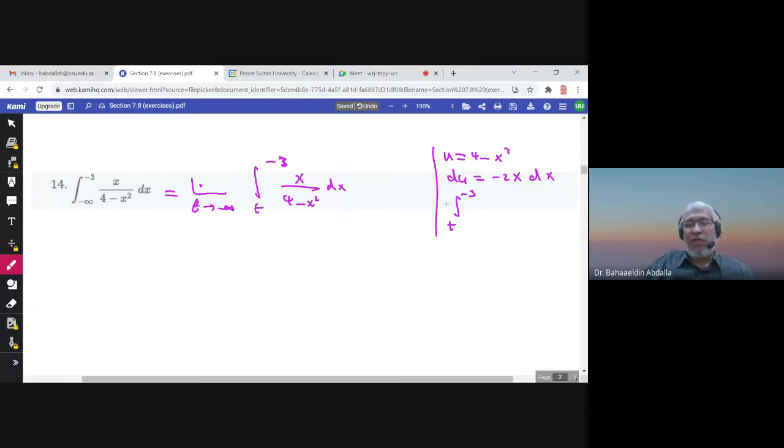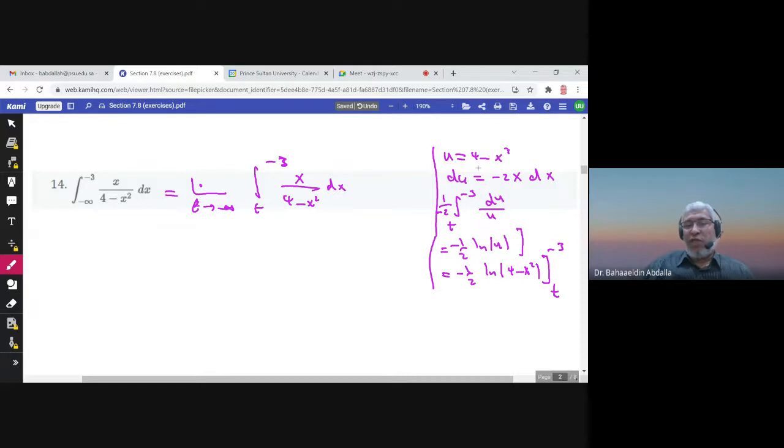I need negative 2, so 1 over negative 2 du over u. So it would be negative half ln absolute value of u, and I can write it as negative half ln of 4 minus x squared, going back to x, from t to negative 3.